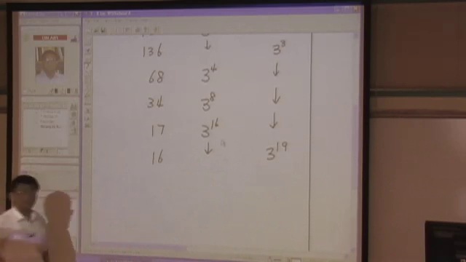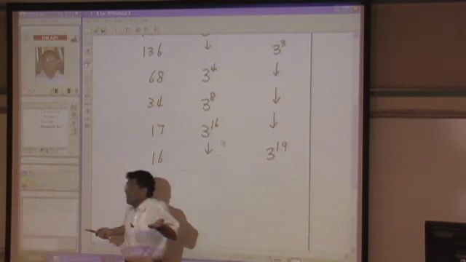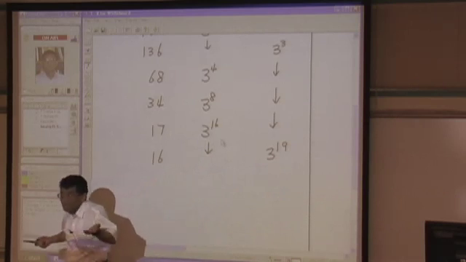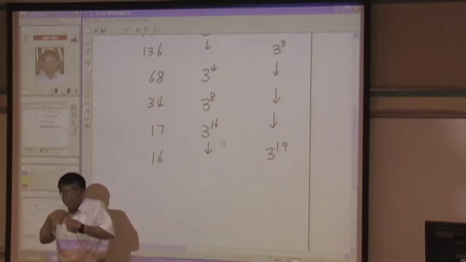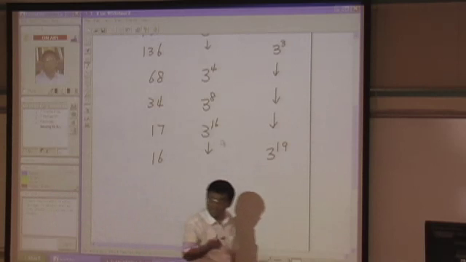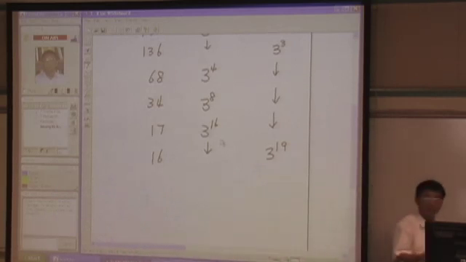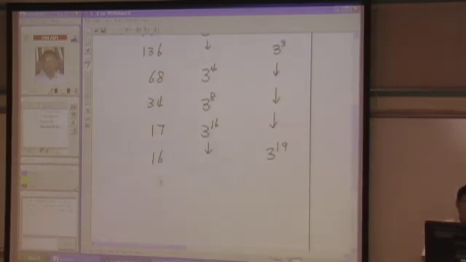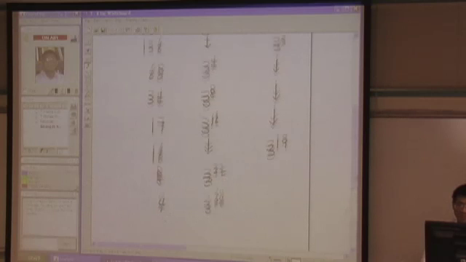Can you divide by 2 when it's odd? Impossible, right? So when it's odd, just subtract 1 to make it even. When it's even, divide by 2. Then, because this is even, what should you do? Even, you should square it.